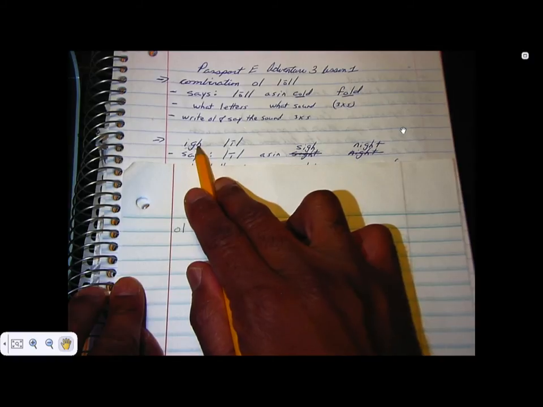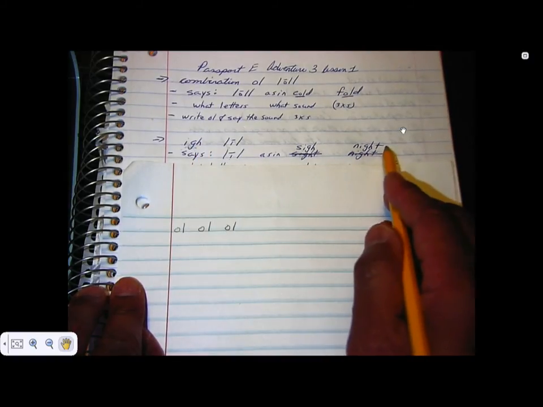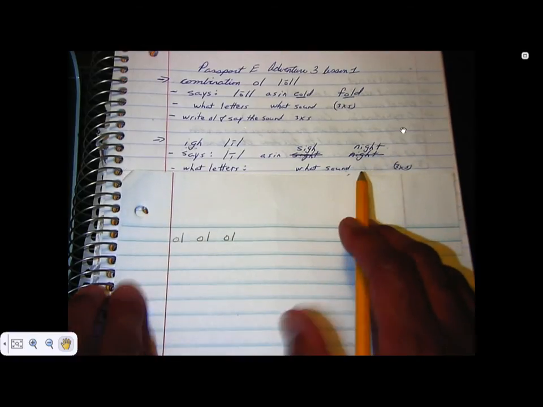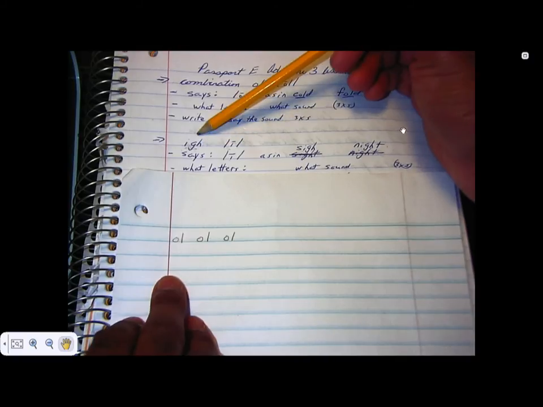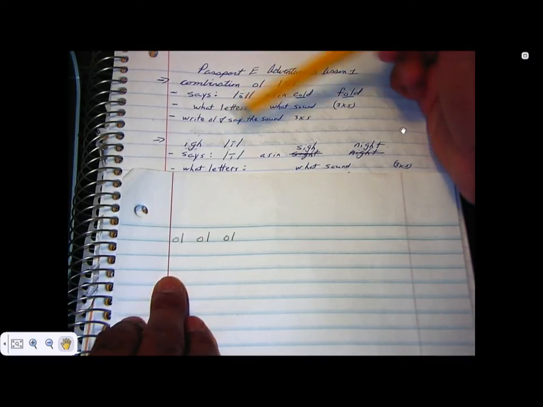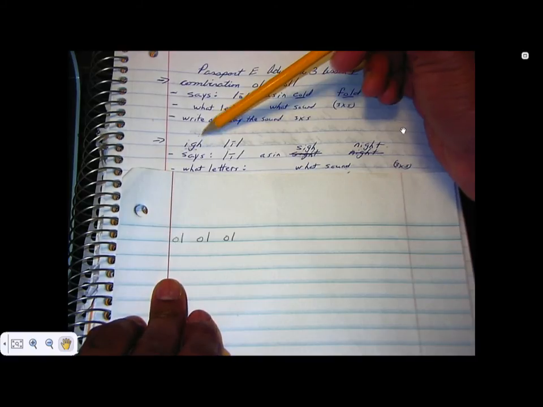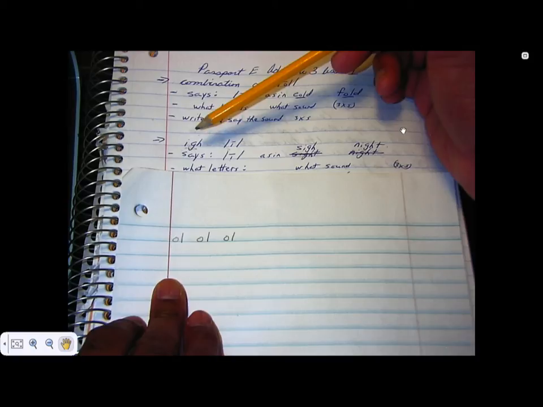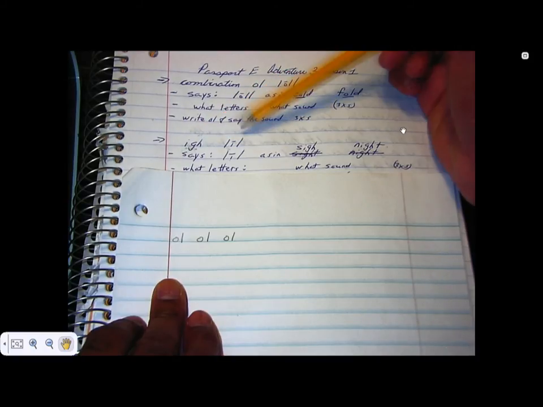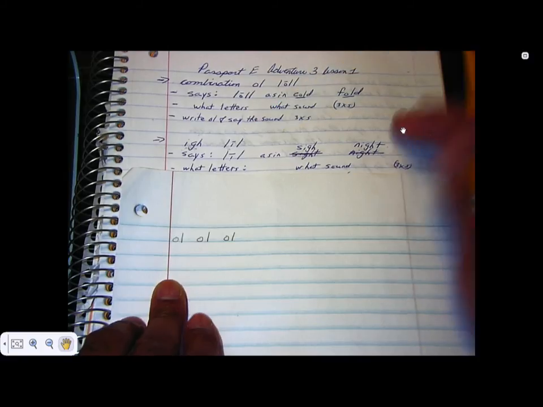IGH says I as in night. So we're going to say that 3 times. IGH says I. That's 1. IGH says I. Say it. That's right. IGH says I.